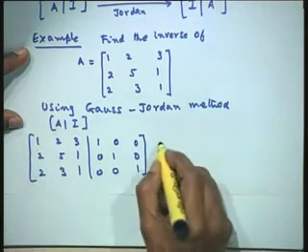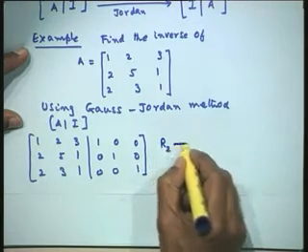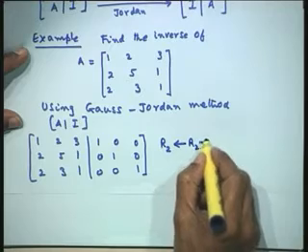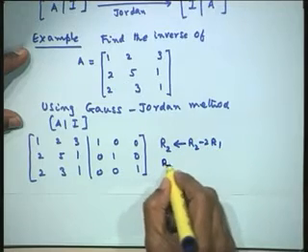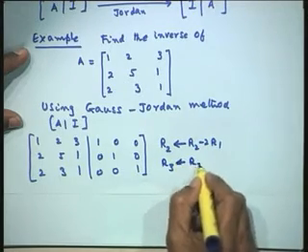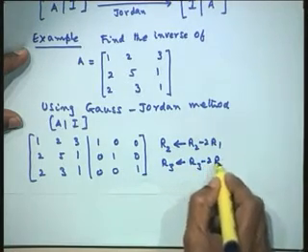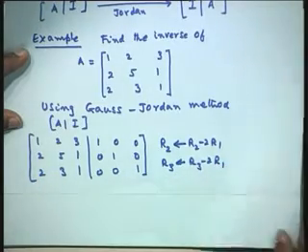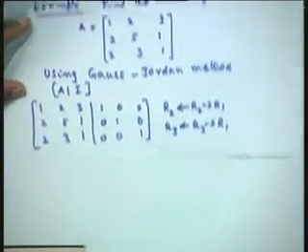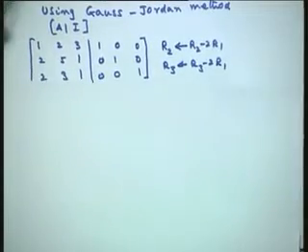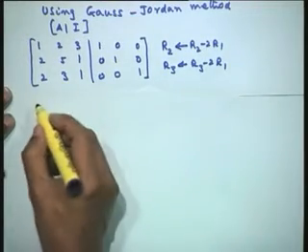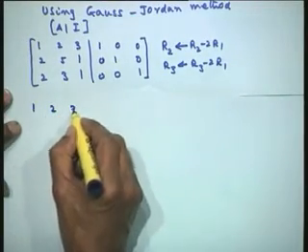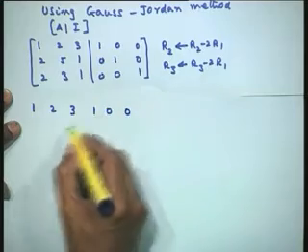Now, R2 is replaced by R2 minus 2 R1, and R3 minus 2 R1. So, we are making both of them zeros. The first row stays as it is.